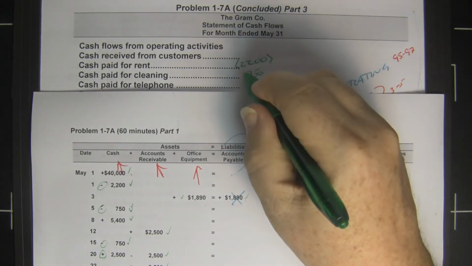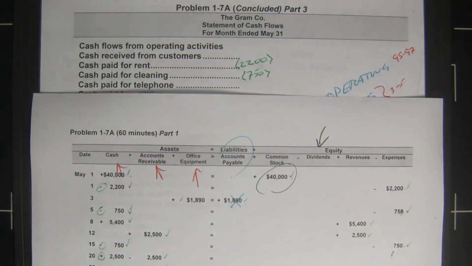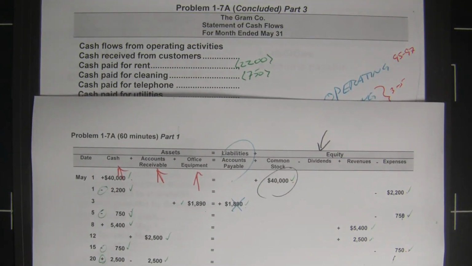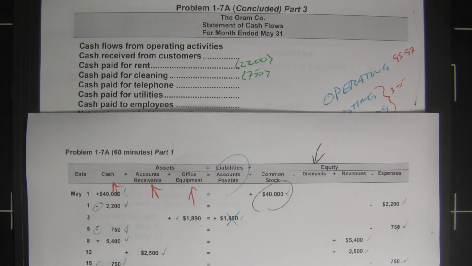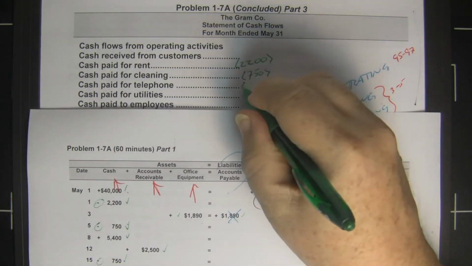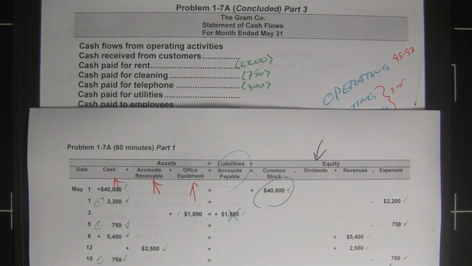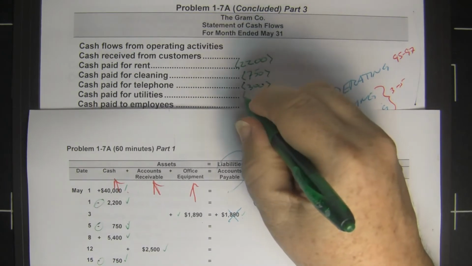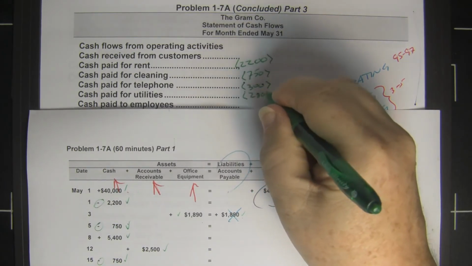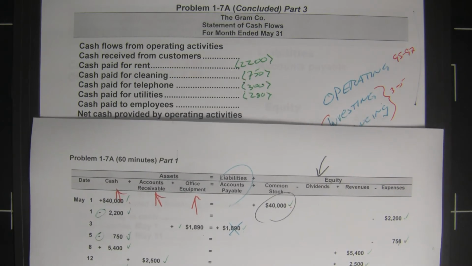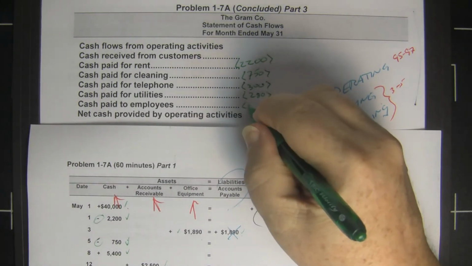We'll put brackets around these to indicate that they're all cash going out. Then we paid for our telephone, and that was $300. And our utilities for our grow lights, that was $280. And cash paid to employees was $1,500.